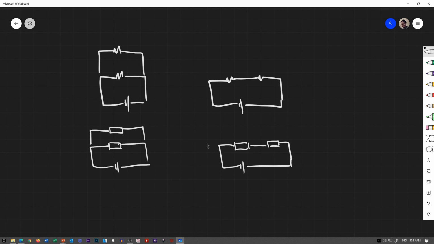So this is of course parallel. You already know that. Okay, let's just use this one. Then you have series here. So try to not forget the concepts behind series and parallel connections, and of course we're going to incorporate Ohm's law on this solution.